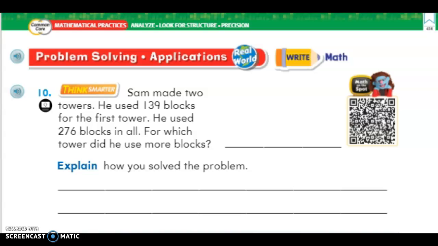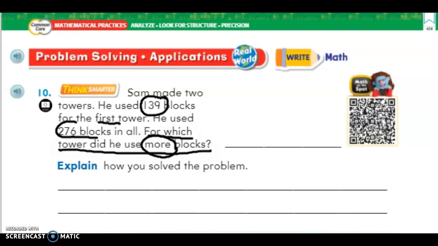Number 10. It says Sam made 2 towers. He used 139 blocks for the first tower. He used 276 blocks in all. For which tower did he use more blocks? So my question is looking for which tower did he use more blocks? He made 2 towers, 139 for the first tower.